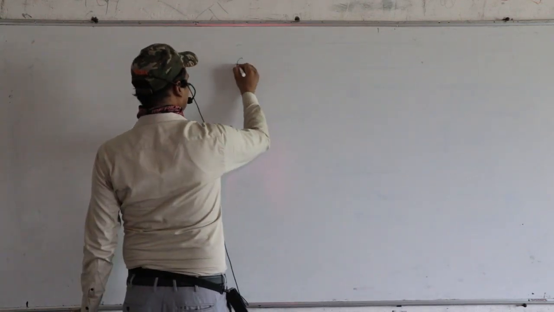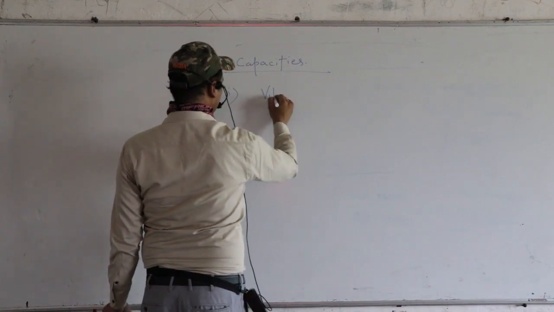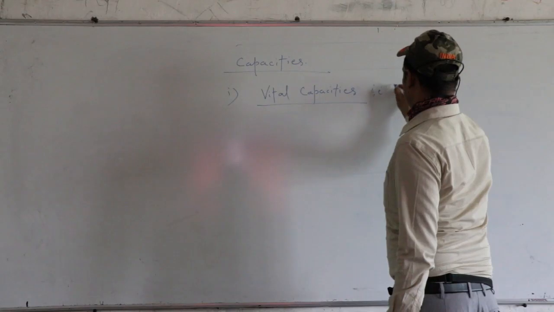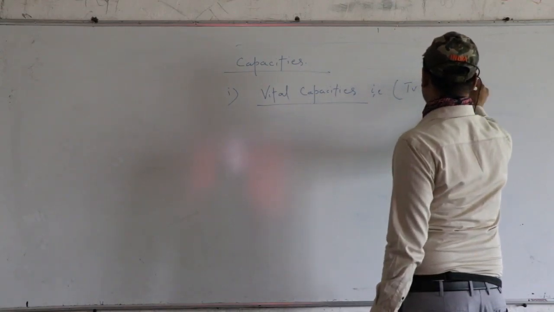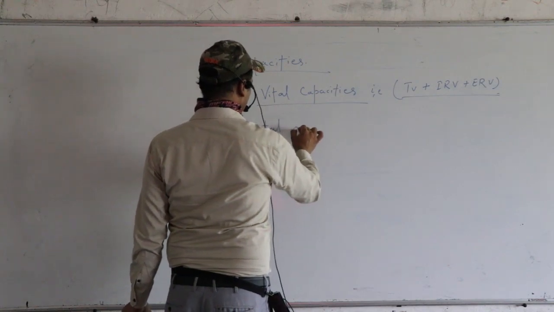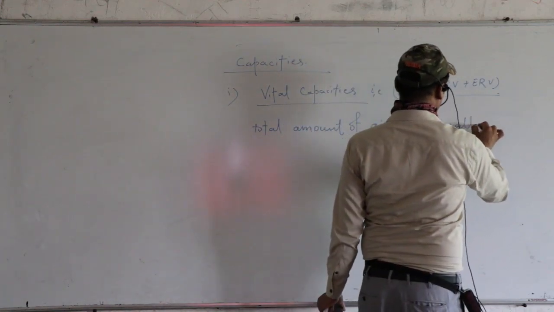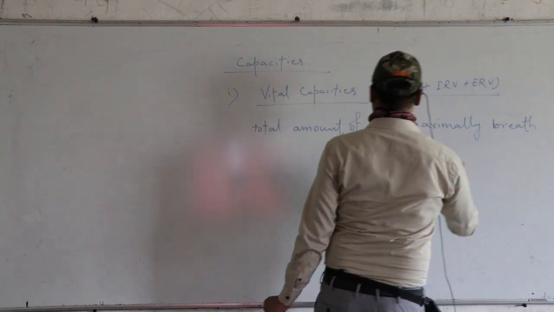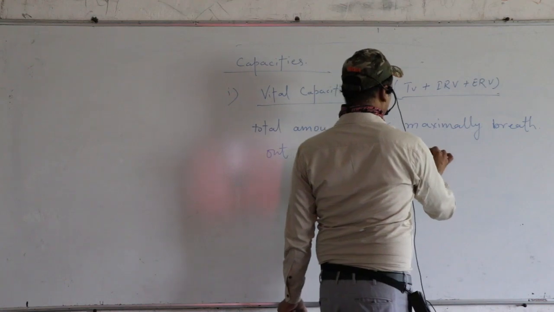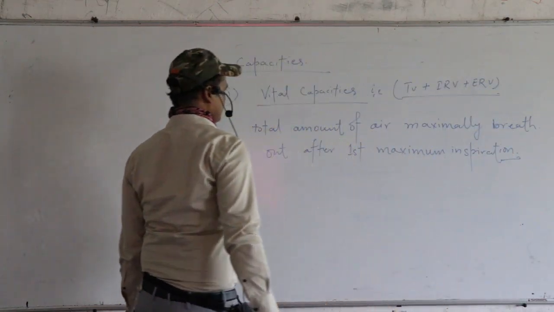Now, next, the capacities. First is vital capacity, that is TV plus IRV plus ERV. That is the total amount of air maximally breathed out after a maximum inspiration.